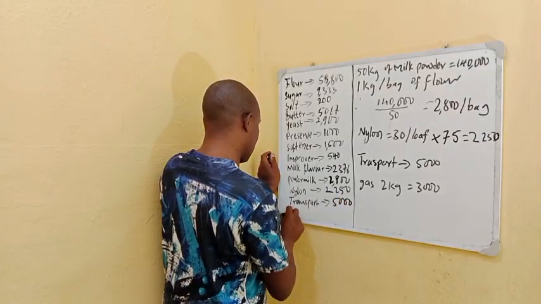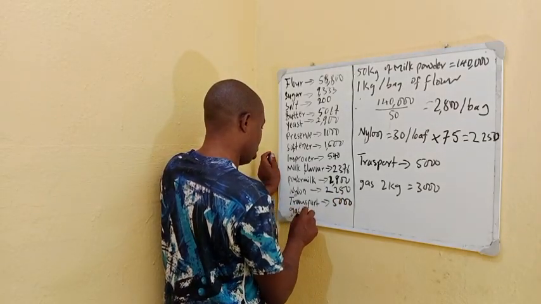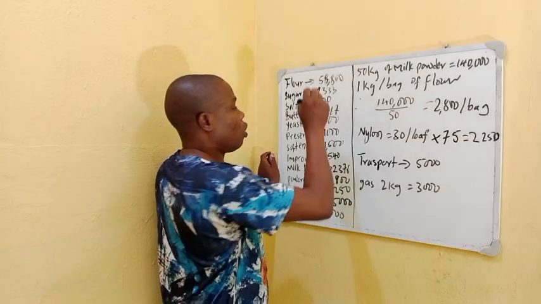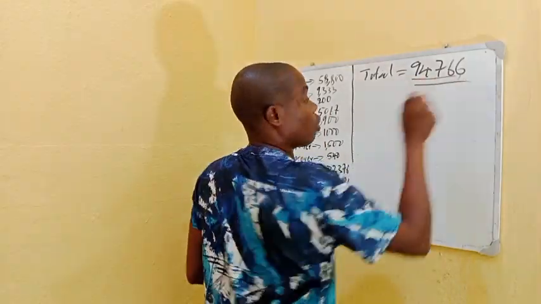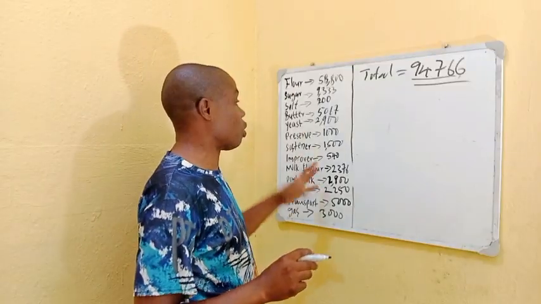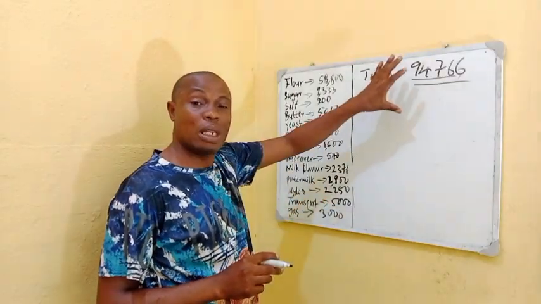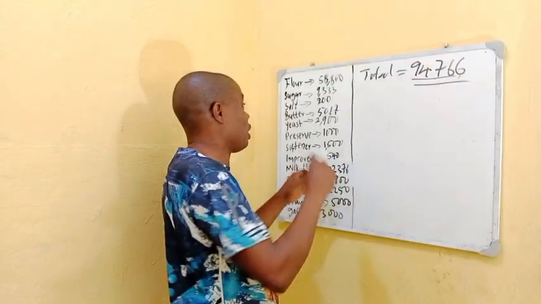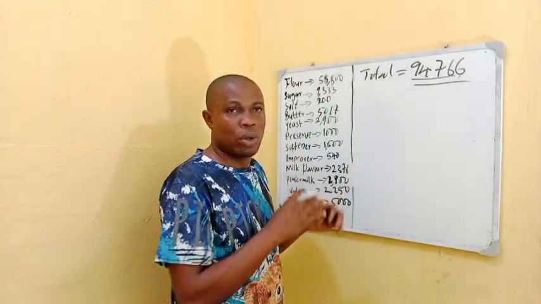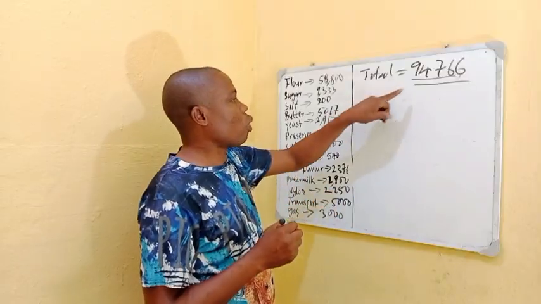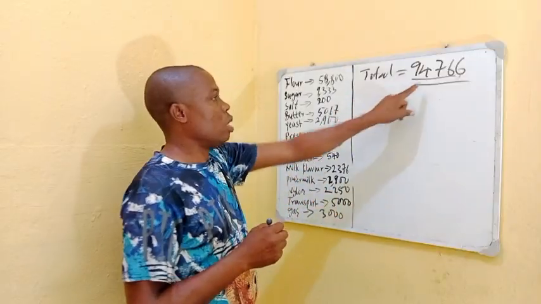For gas, we have about 3,000 naira. Totaling this is the cost of production. Mind you, I have not added the cost of distribution. We want to calculate our gross profit first, because if you add everything, it will be somehow too much. It will be complex. So we have the total cost of production as this.